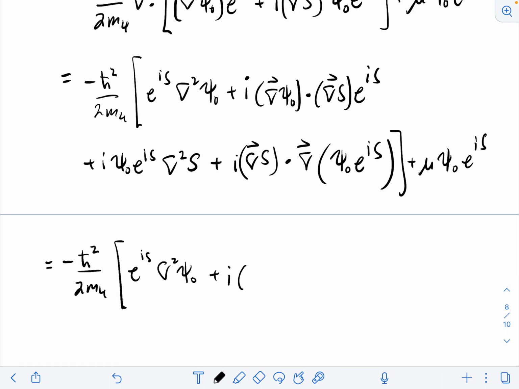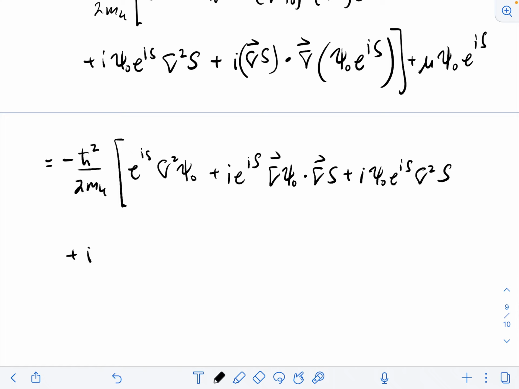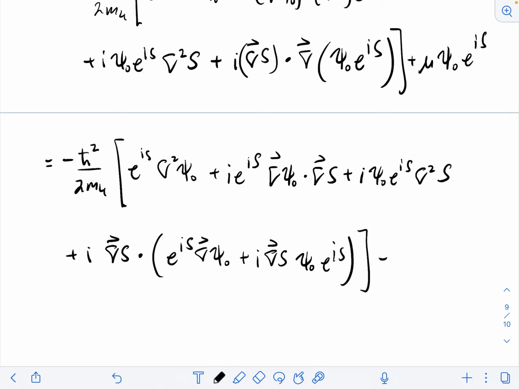Let me reorder some of this. i e^(is) gradient of φ0 dotted with the gradient of s plus i φ0 e^(is) del squared s plus i gradient of s dotted with, and so here's where we have to do our product rule again, e^(is) gradient of φ0 plus i gradient of s φ0 e^(is), bracket bracket, and chemical potential times wave function.